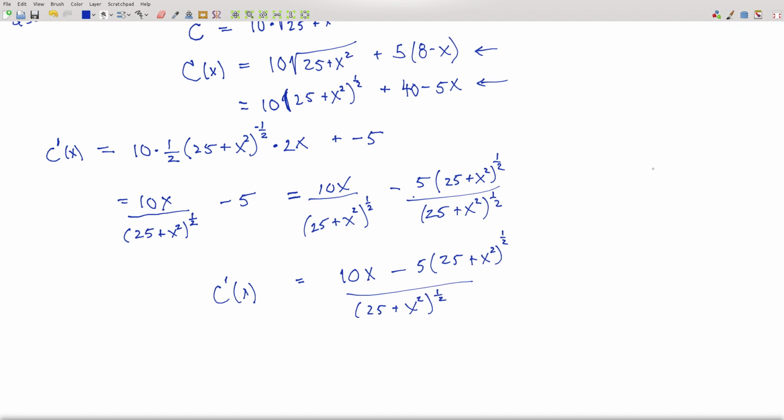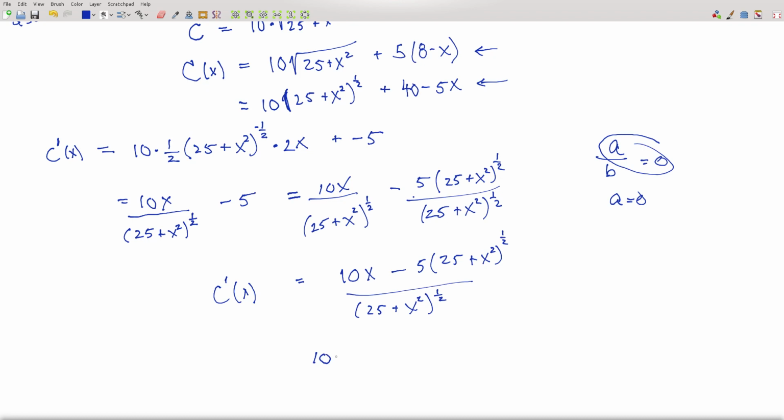So in general, when you have a fraction that's equal to 0, really you need to find where the numerator will equal 0, because it's only the numerator that will ever make a fraction, or a rational expression, become equal to 0. Okay, so let's set the numerator equal to 0 and try to solve for x.